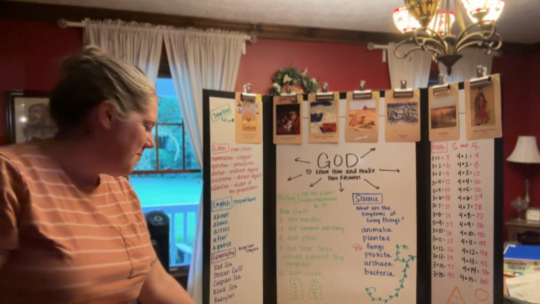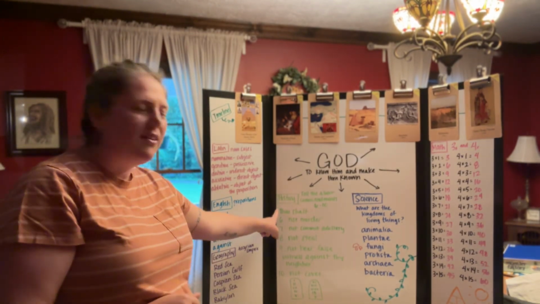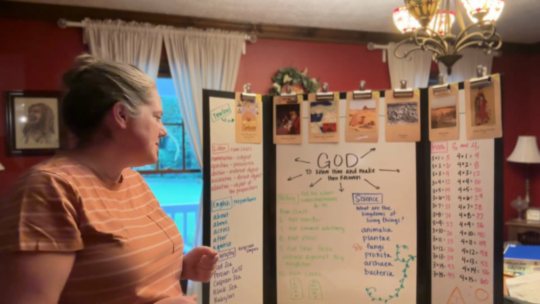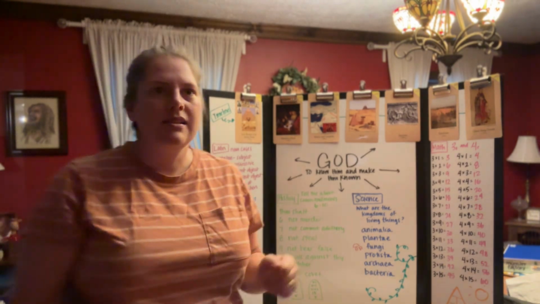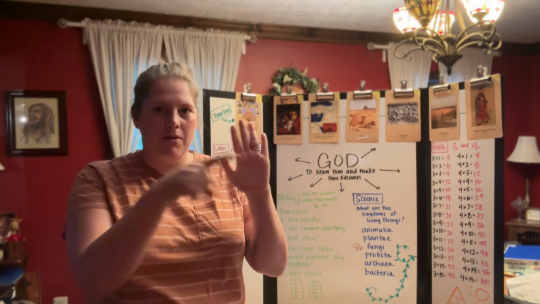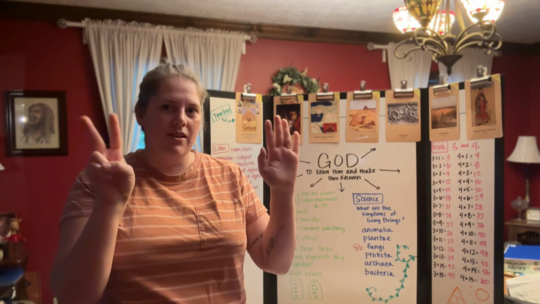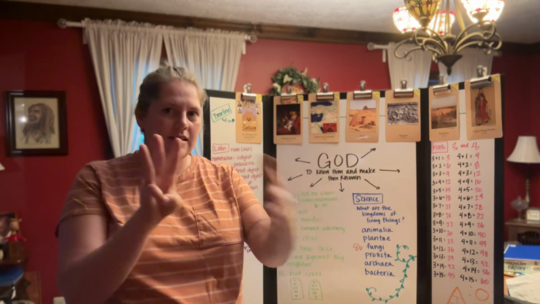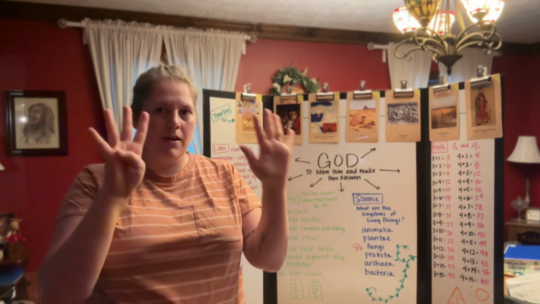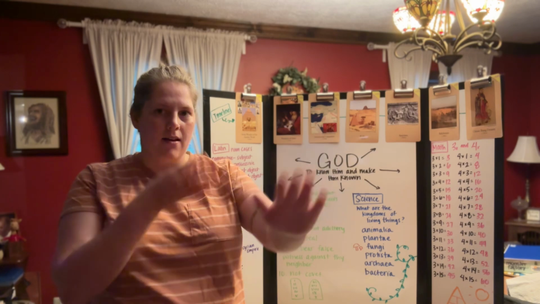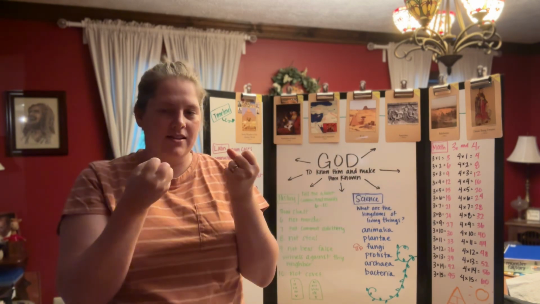Okay, going on to history, we have commandments 6 through 10. So we're doing the second half of the 10 commandments. The motions we did: thou shalt, number 6, not murder, number 7, not commit adultery, number 8, not steal, number 9, not bear false witness against thy neighbor, and number 10, not covet.